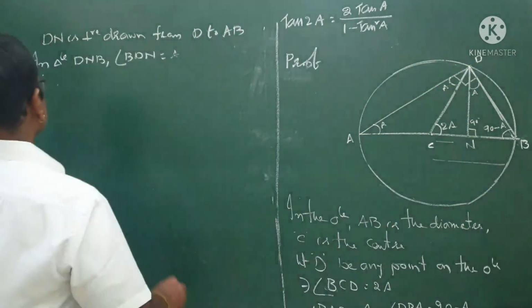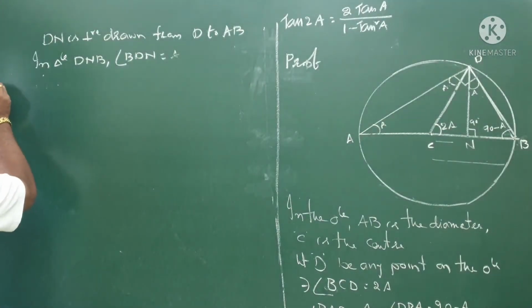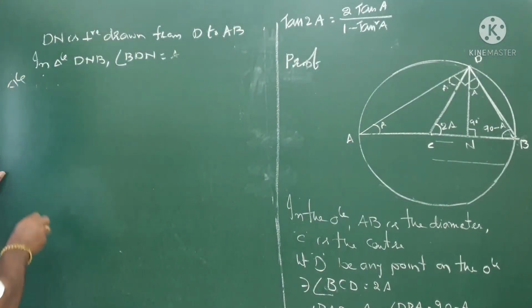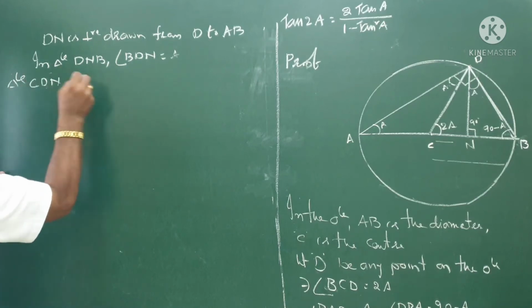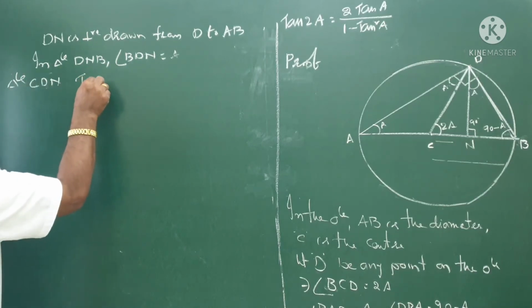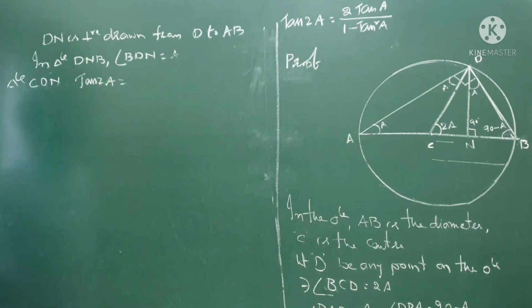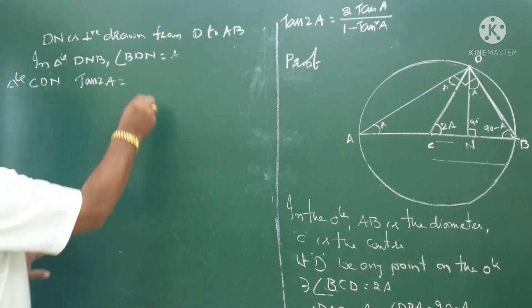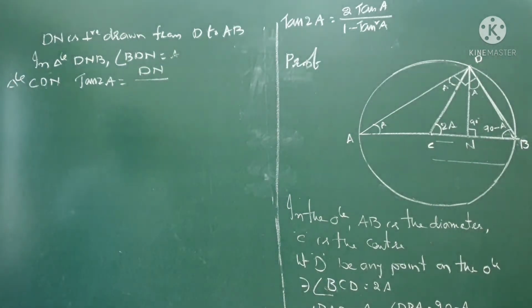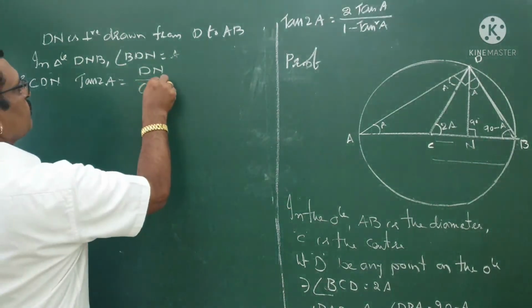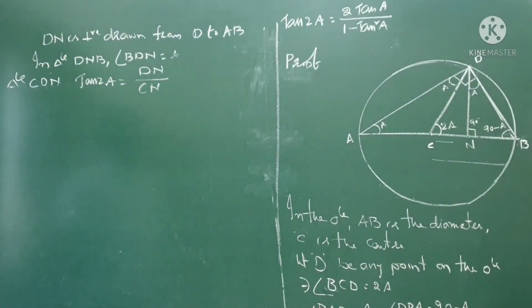In triangle CDN, we want tan. So tan 2A is equal to opposite side, that means DN by CN. Here also I multiply, divide by the 2. Same thing.